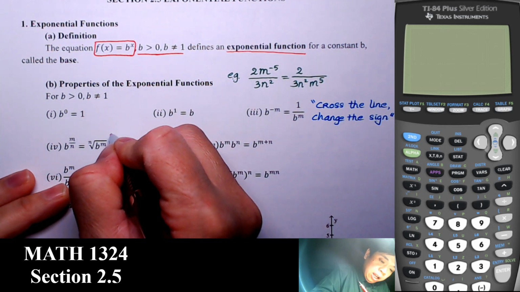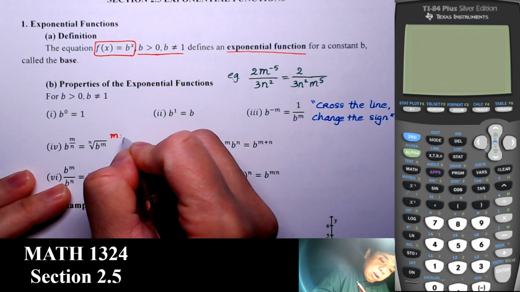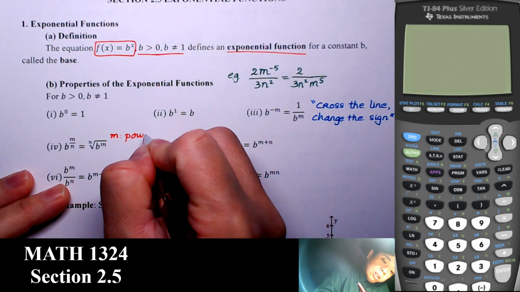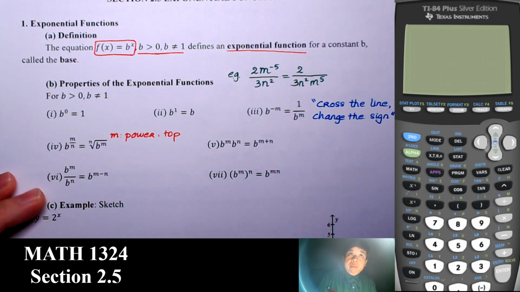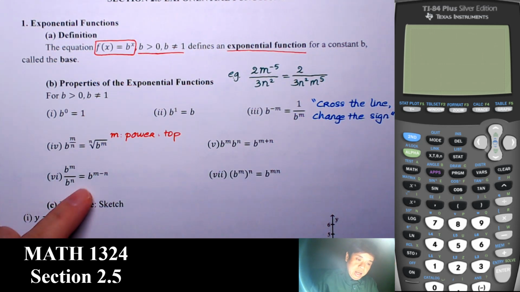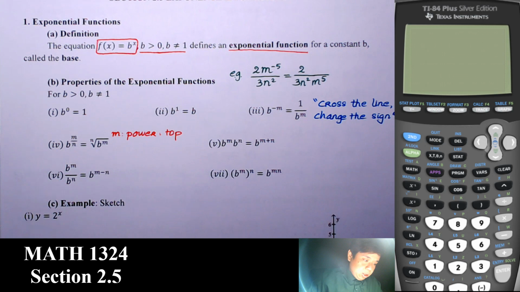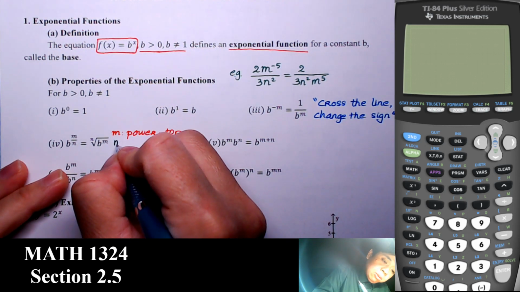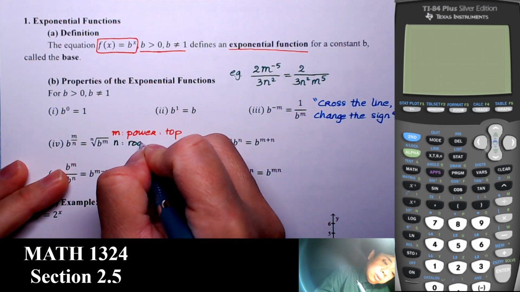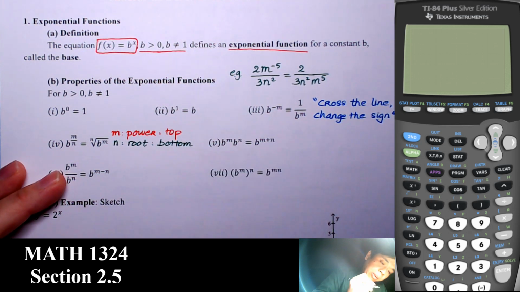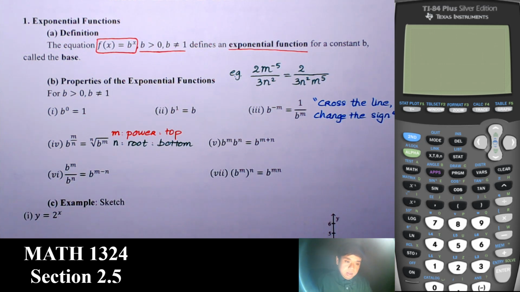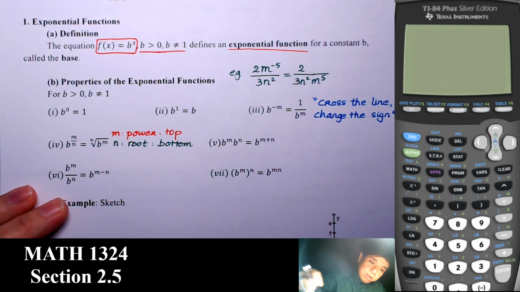Say m is a power, it is on the top, the n is the root, and the root is at the bottom. Let's look at one example.